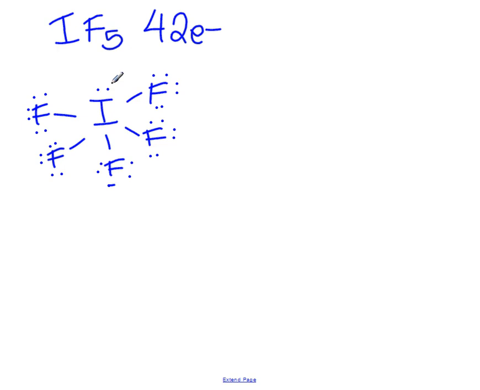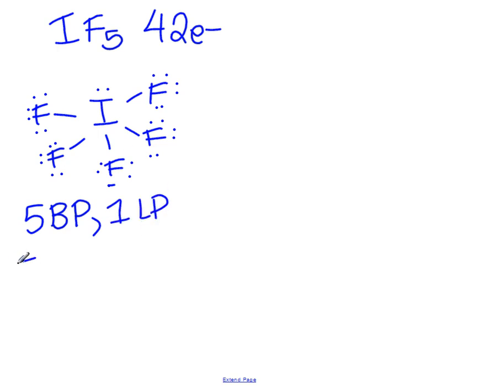Now I count my electron groups. 1, 2, 3, 4, 5, 6. I have 6 electron groups around my central atom. 1, 2, 3, 4, 5. 5 bonded pairs and 1 lone pair.